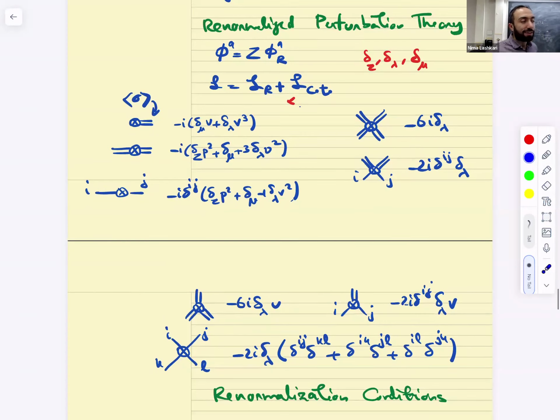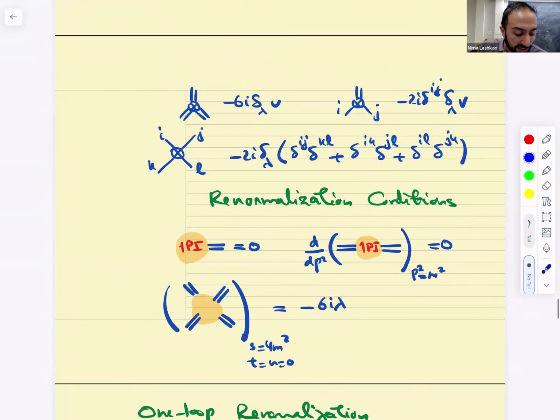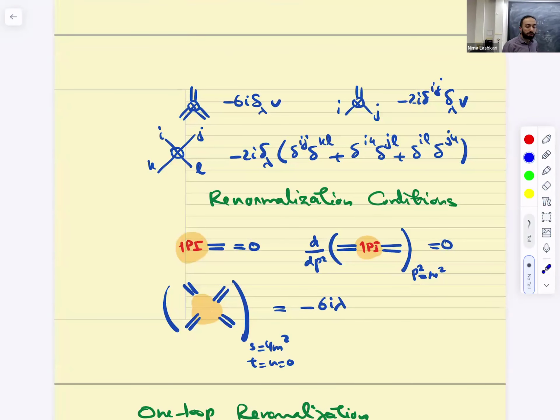All right. What's the next step of renormalized perturbation theory? Renormalization conditions. So what are the renormalization conditions? Well, you want the 1-point function of sigma to be 0. Why?